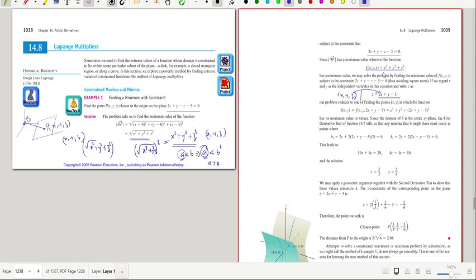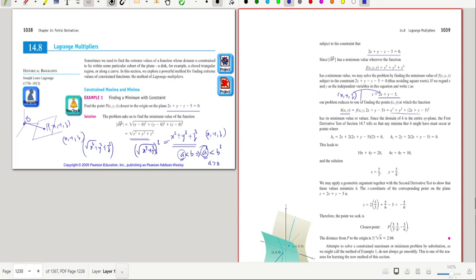In order to get the distance, you need to replace this z by this quantity 2x plus y minus 5. Then the new function f of x, y, z can be reduced to a function of x and y alone. That is denoted by h of xy, equal to f of x, y, 2x plus y minus 5. So that will give this expression.